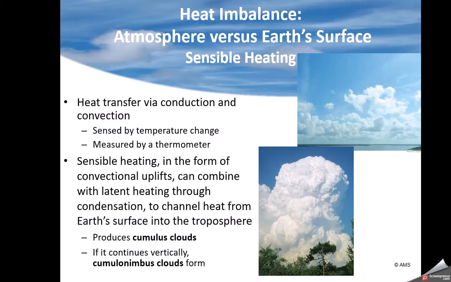Convection is pushing warm air up from the surface. So the two combine to really make a hot pocket of air in the convection cloud. And if it can really get going, up into a cumulonimbus cloud, that warm air is transferred all the way up through the whole troposphere, even into the stratosphere sometimes.